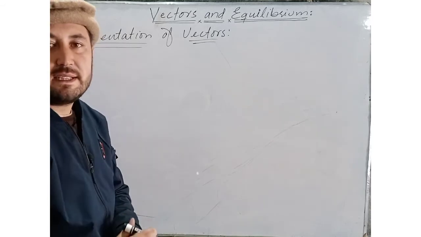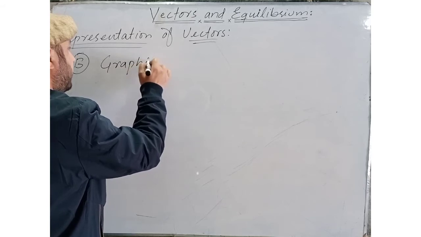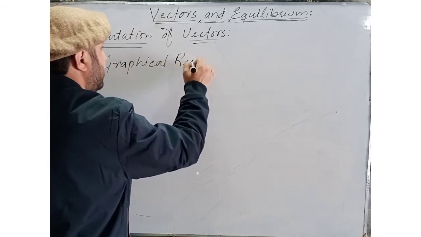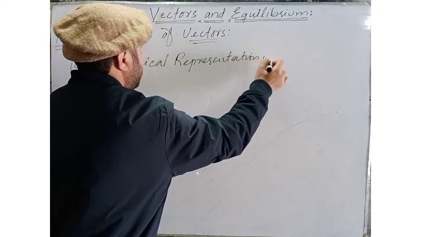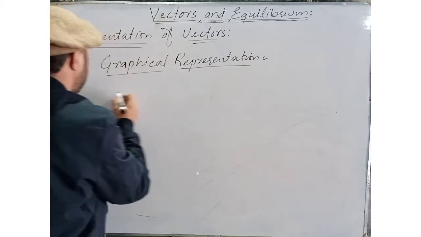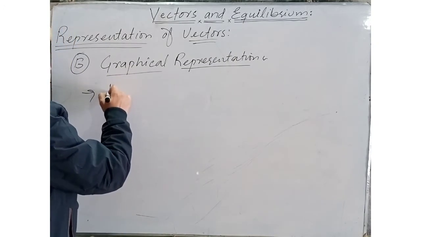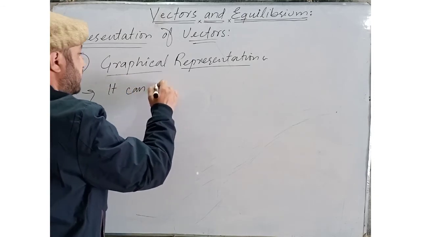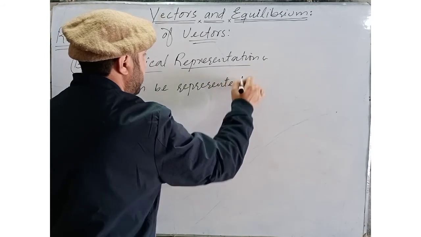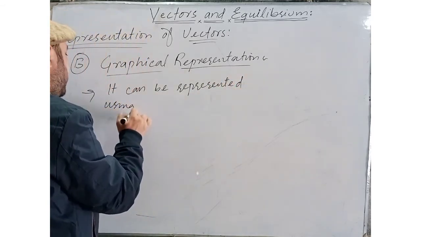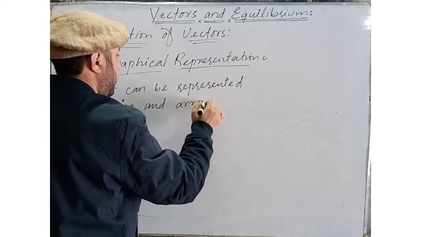The next way to represent a vector is graphical representation. Okay, so we can represent a vector using an arrow.